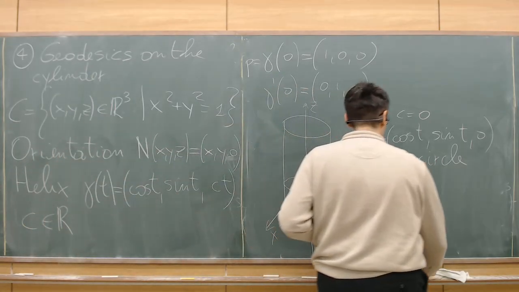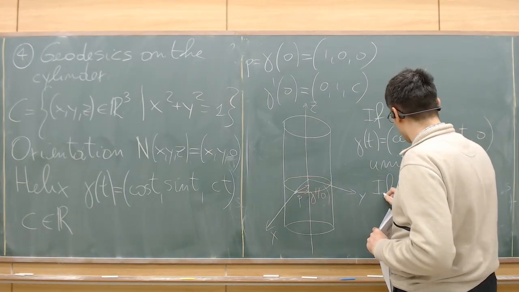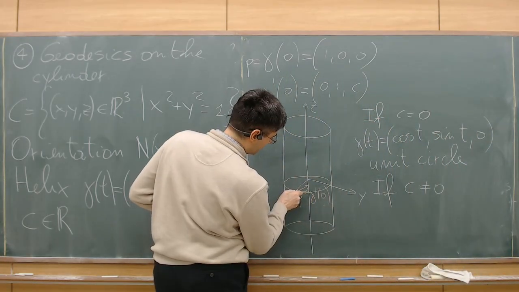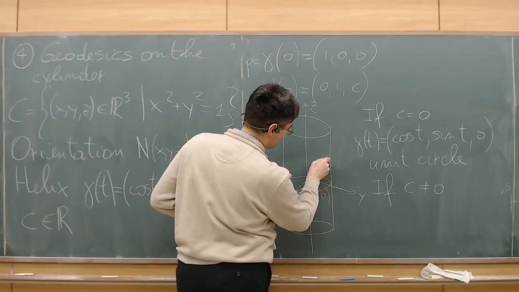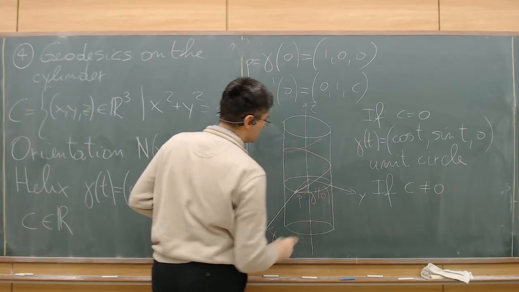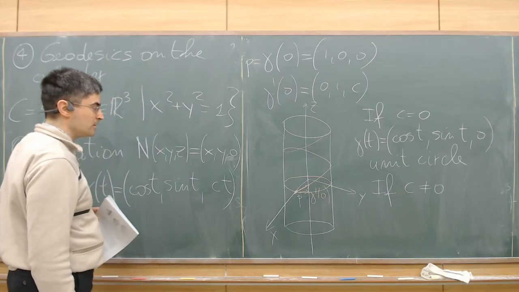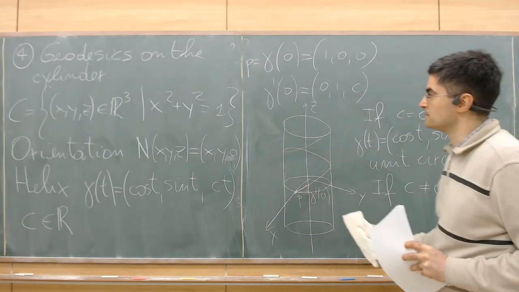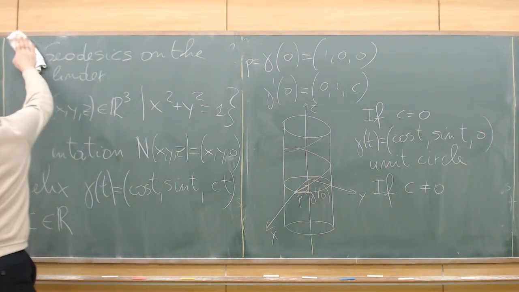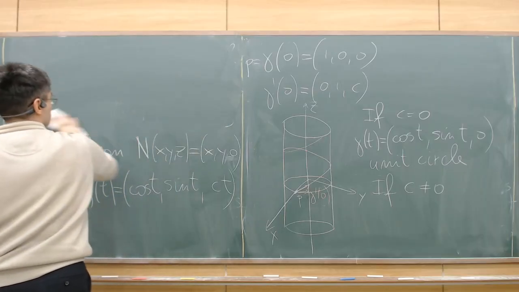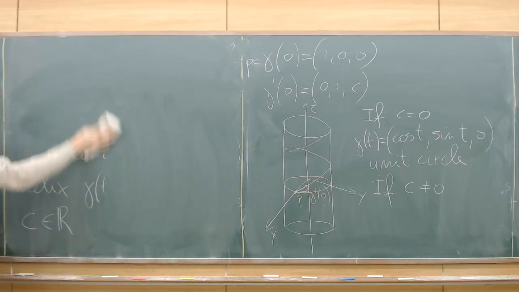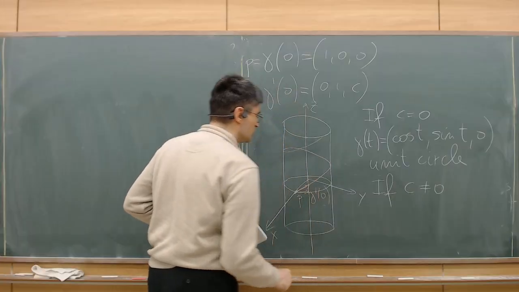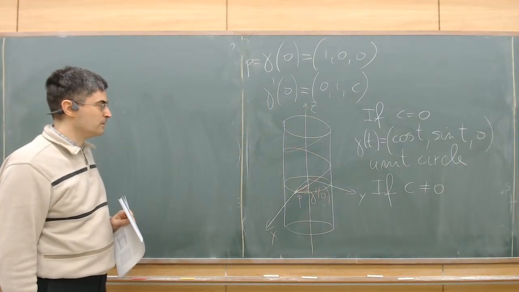Instead, if c is different from 0, we have that the helix looks like this, and also in this case this kind of geodesics are not the shortest curves between their endpoints.